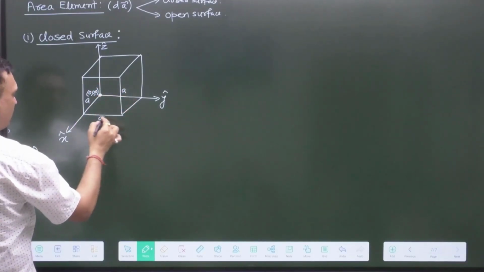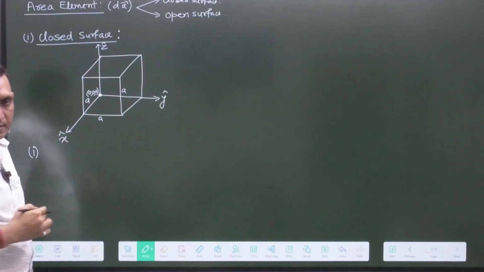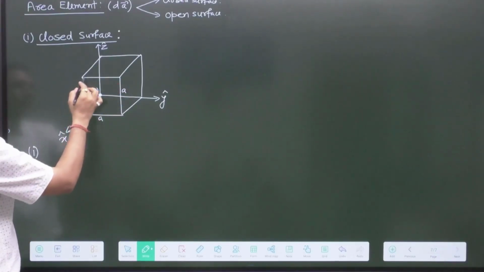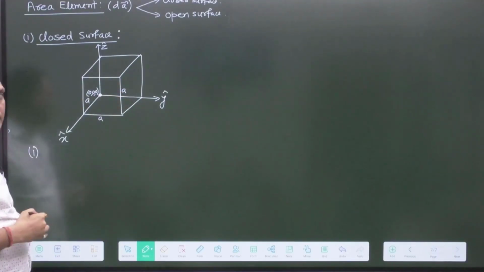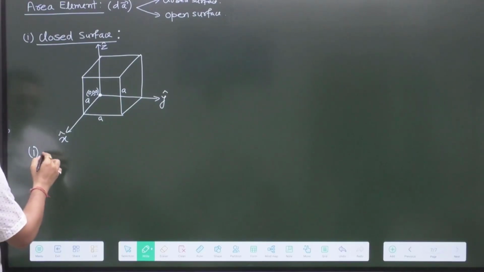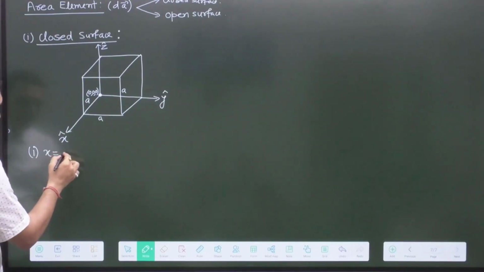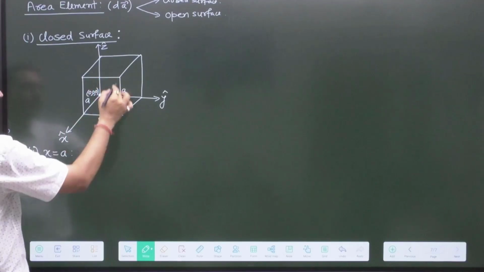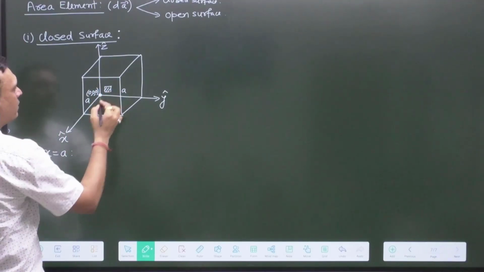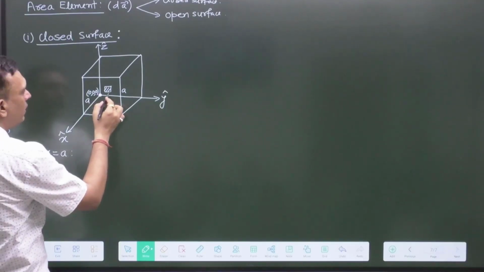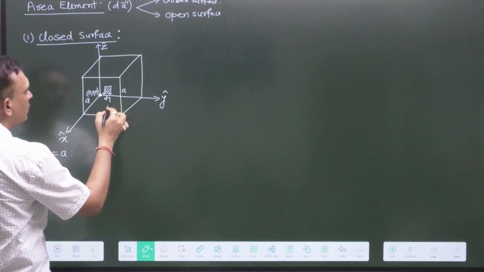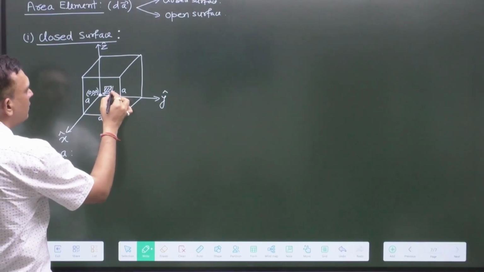This plane is perpendicular to the x-axis. So what will be fixed on this surface? X. So this is the x equals A surface, because x is fixed over it. And if you draw an elemental area here like this, what will be variable? dy dz. So this side is dy and this side is dz.